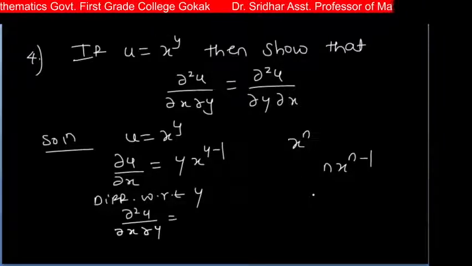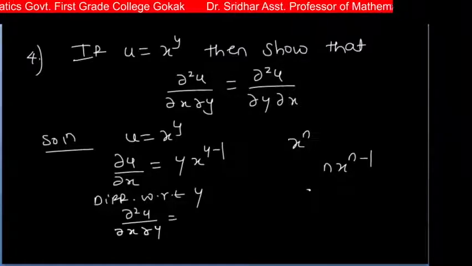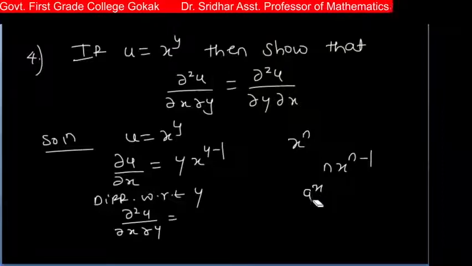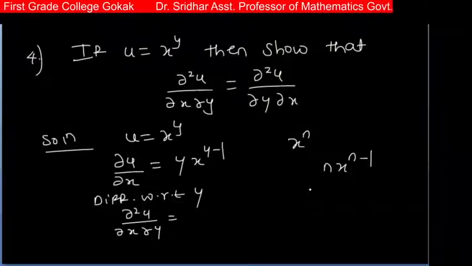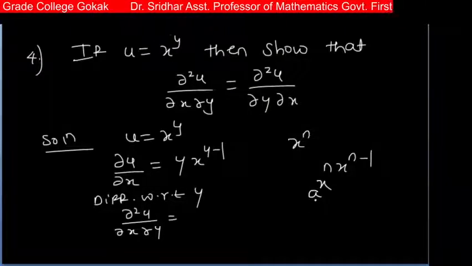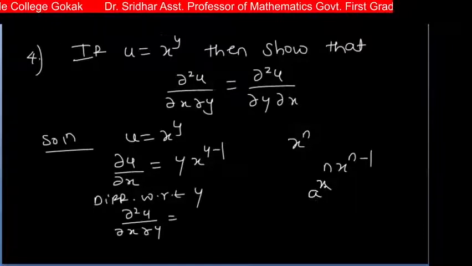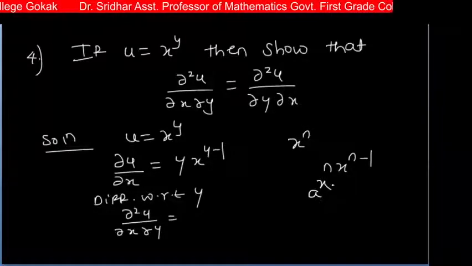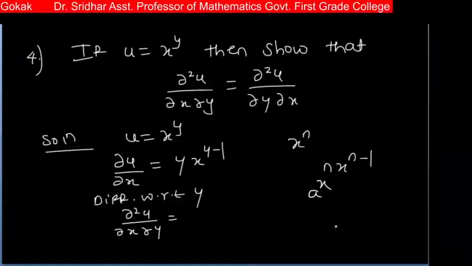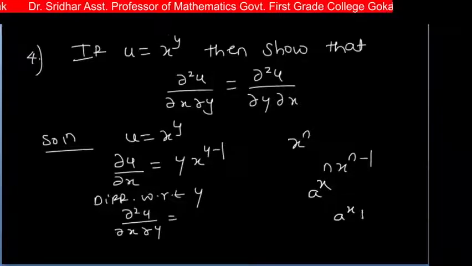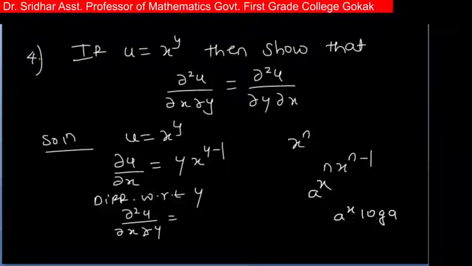Now you know the differentiation of a raised to x, where a is constant and x is variable. What is the differentiation of a raised to x? It is a raised to x into log a, correct?